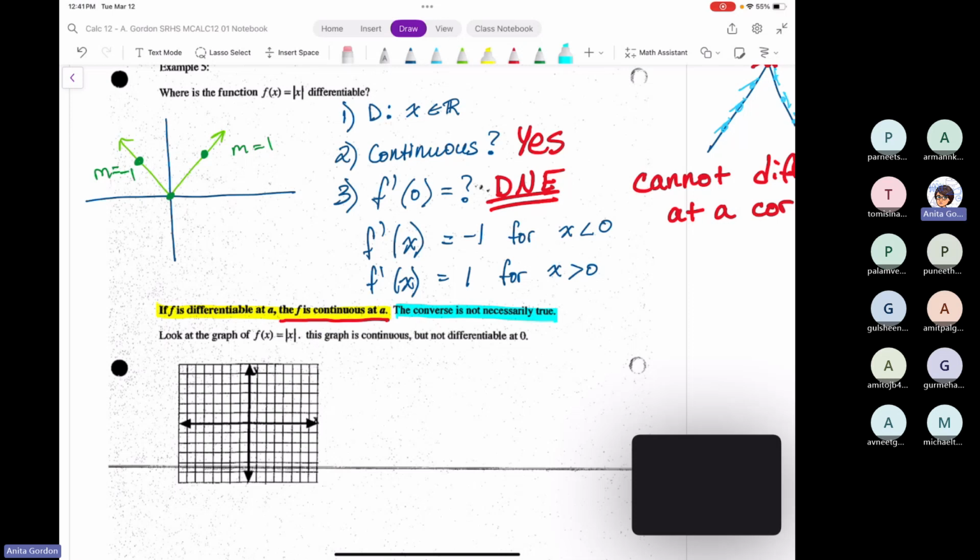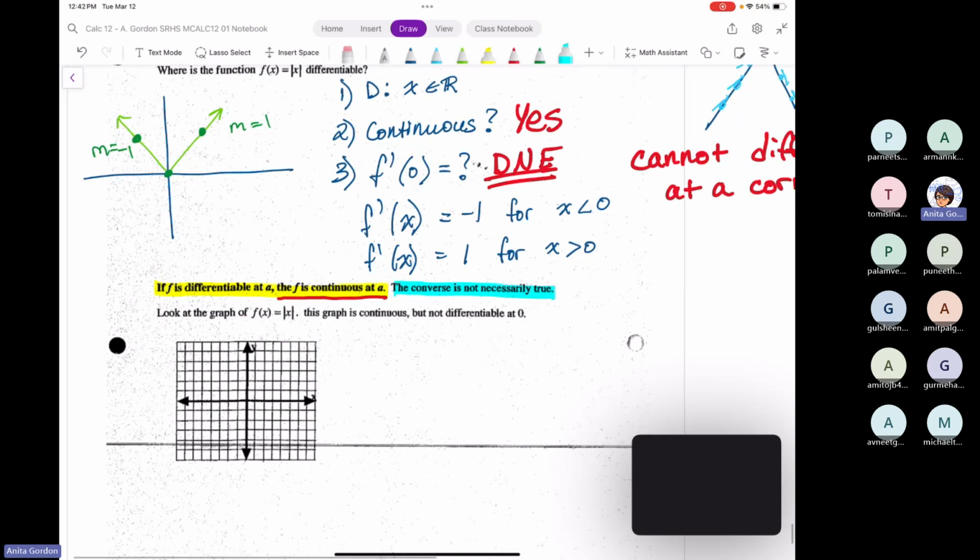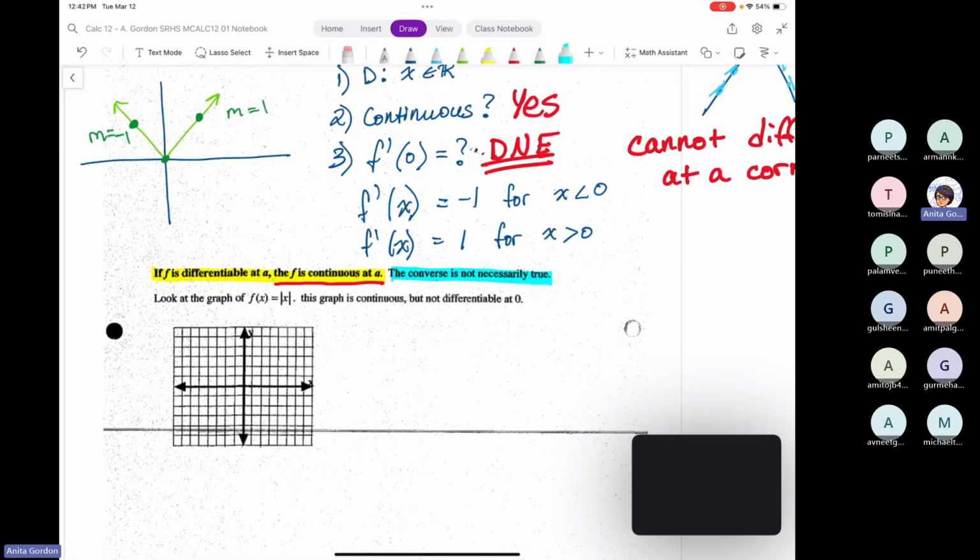I can draw this, go through 0 without lifting my pen, but I cannot differentiate at 0. Does that make sense? Okay. So one is true, makes the other true, but not the other way around. Differentiable means it's continuous, but if it's continuous, not necessarily differentiable.